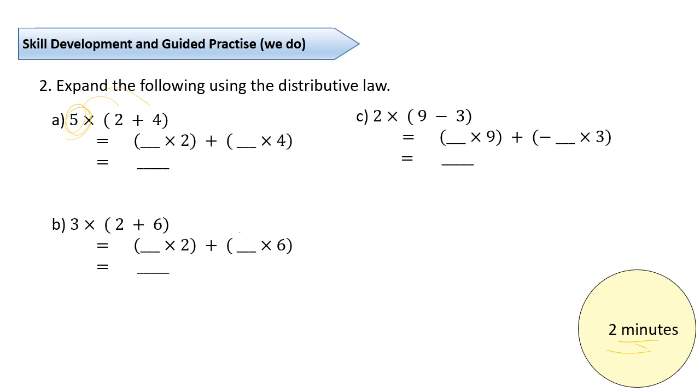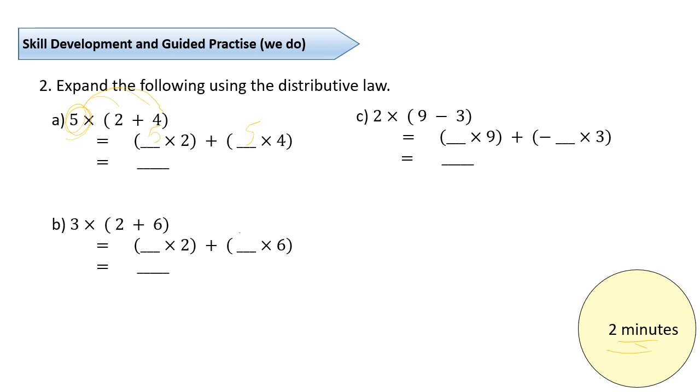Okay, so hopefully you guys have unpaused the video now and we're ready to go through the answers. So we have 4a, we have 5 times bracket, 2 plus 4 close bracket. So the number that we are going to multiply by is, of course, the number out the front, 5. So it's 5 times 2, and then 5 times the other number, which is 4.